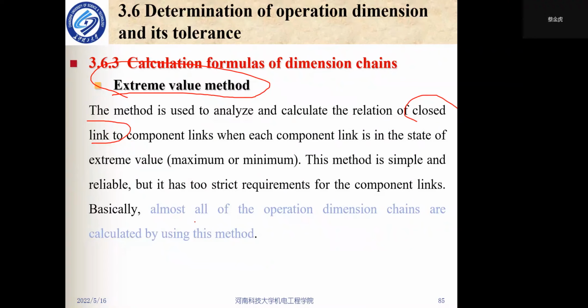Basically, almost all the operation dimension chains are calculated by the extreme value method. So, repeating it again: the method is used to analyze and calculate the relation of the closed link to the component links when each component link is in the state of extreme value, maximum or minimum.